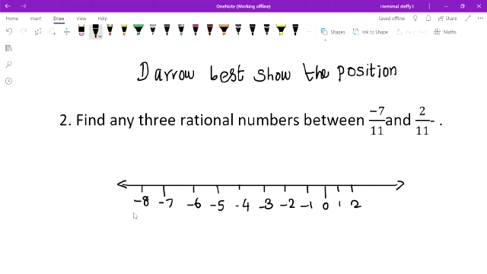So we have to write down 11. This does not change anything. Nothing is there, I am just writing the 11 fraction.